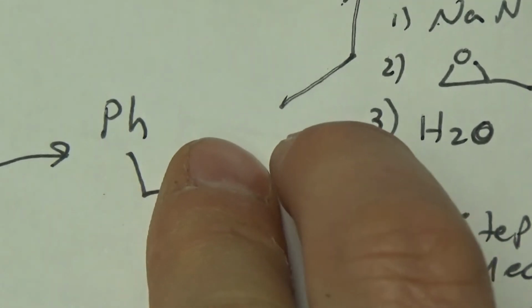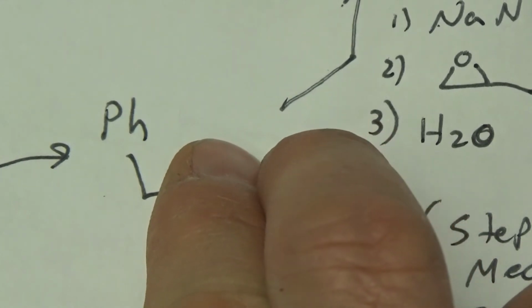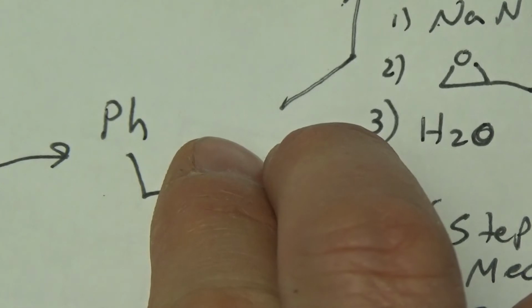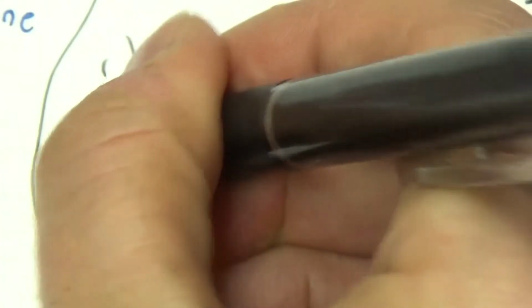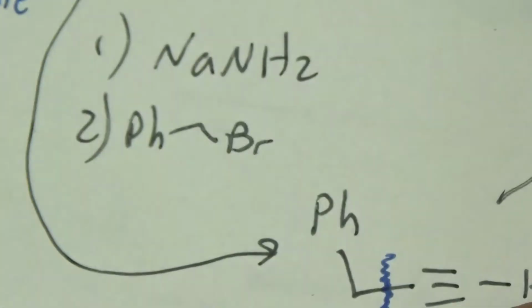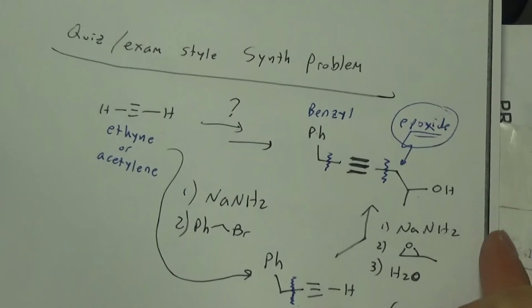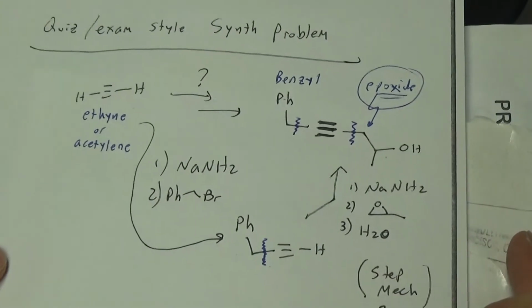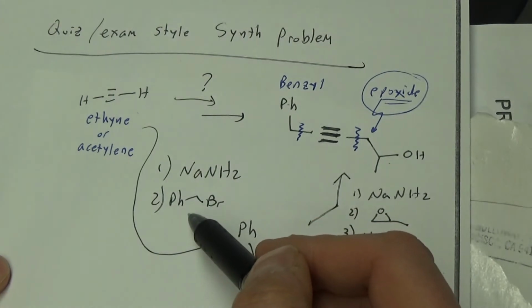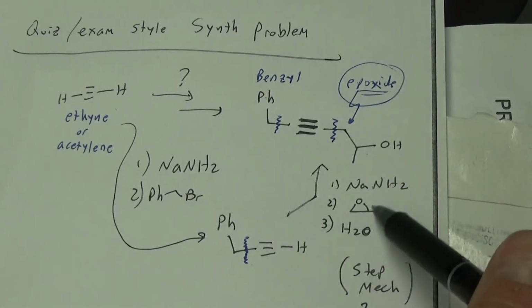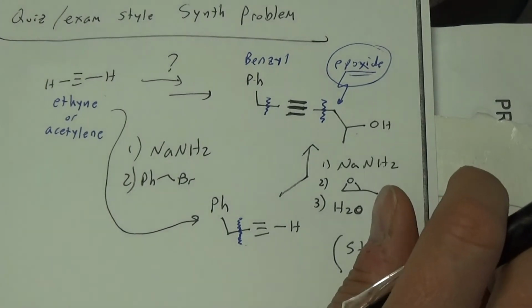So it's benzene or Ph, CH2, and then what kind of leaving group do you like? Usually Br, bromide. Cool. A nice little short synthesis problem that puts together attacking alkyl halides and attacking epoxides to make alcohols. Alright.